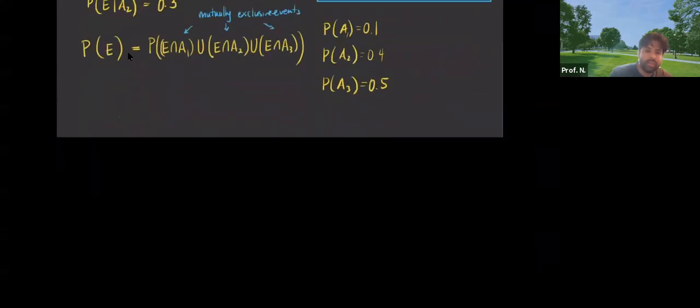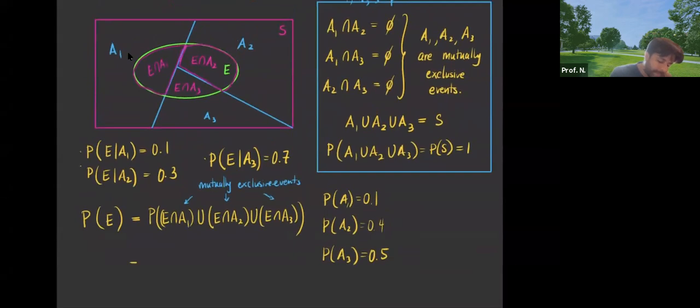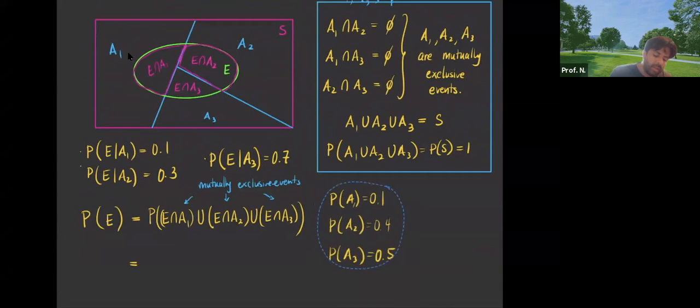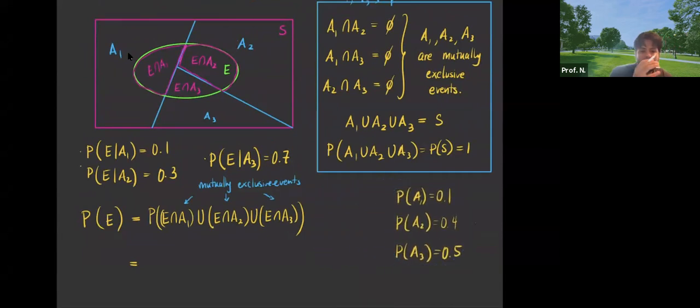What do we know about mutually exclusive events? If you want to find the union of mutually exclusive events, I'm just using axiom number 3 of the probability axioms, right? I can find each of them individually and add them up. So this is the probability that E intersect A1, plus the probability that E intersect A2, plus the probability that E intersect A3, right?